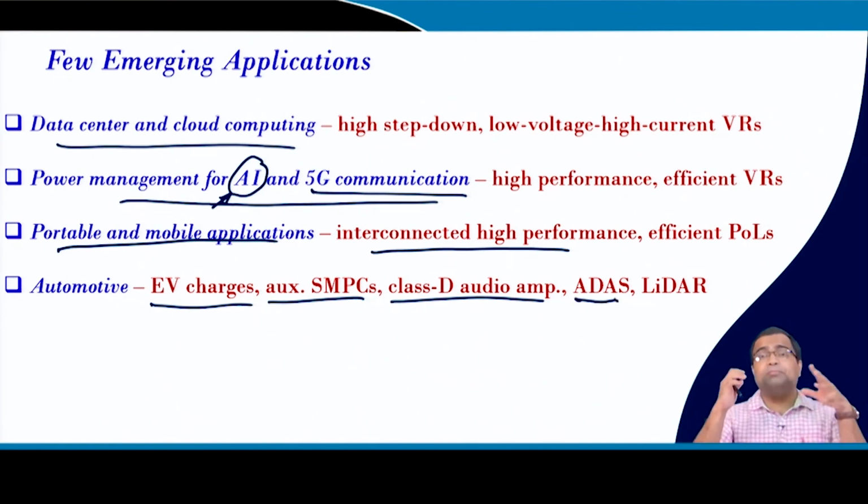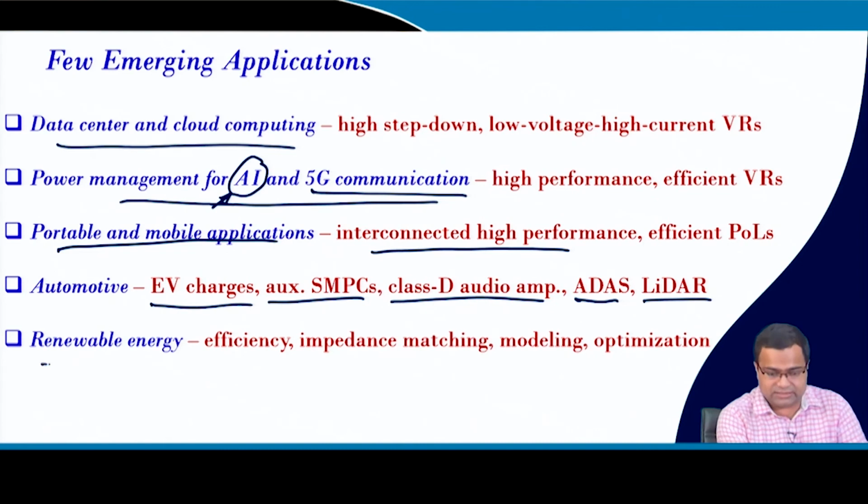ADAS is also a very big area where you have radar, right, and you need an envelope power amplifier for fast real time communication. Then the camera has to be extremely fast, and then you have the electronic control unit, and there are huge processors. So, all these require multiple power supplies with high computational capability. So, you need a very high end power supply, and lidar is also very important here.